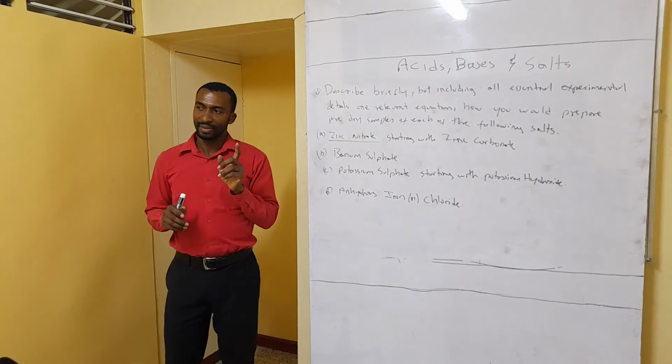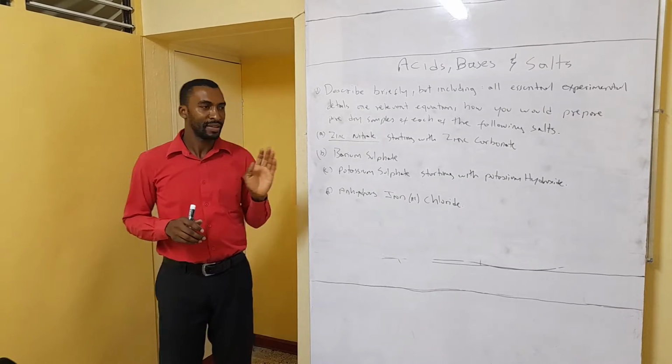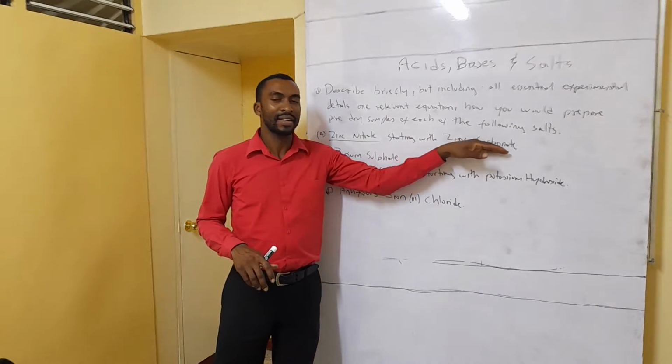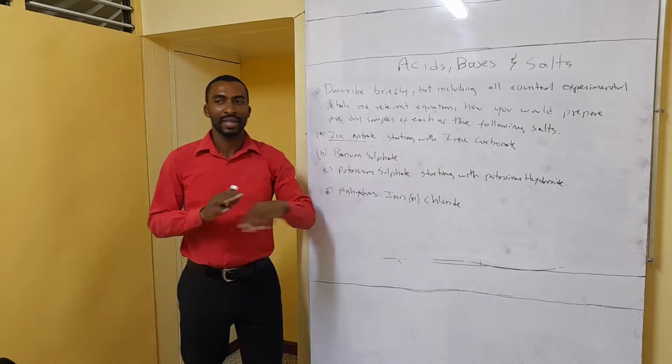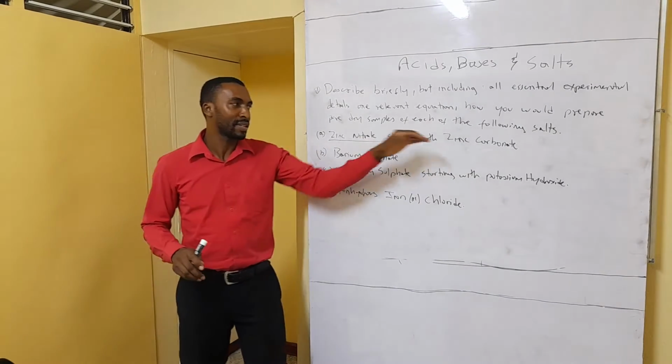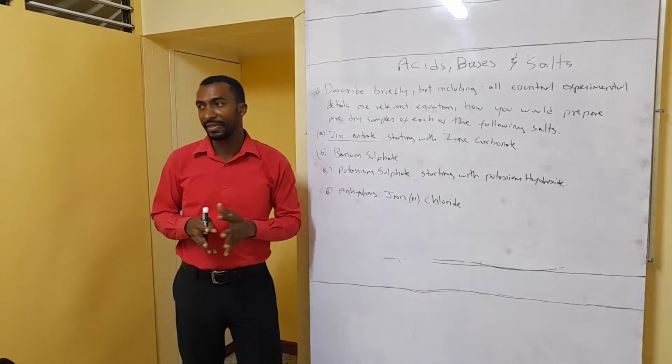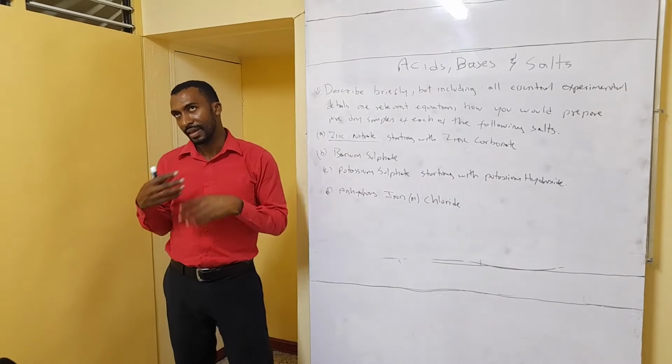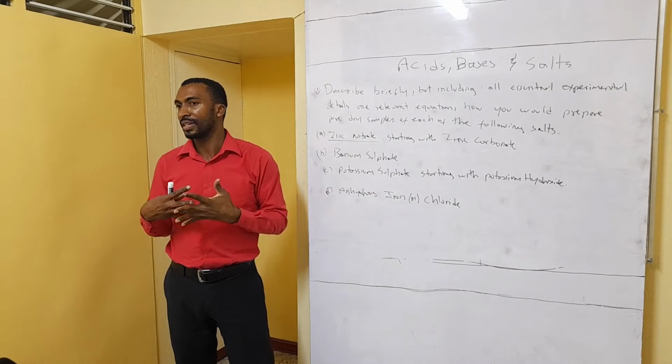If it's insoluble, we should have used ionic precipitation. But because they say we should start with the carbonate, we can't use ionic precipitation. We have to use the carbonate plus the acid. You following?